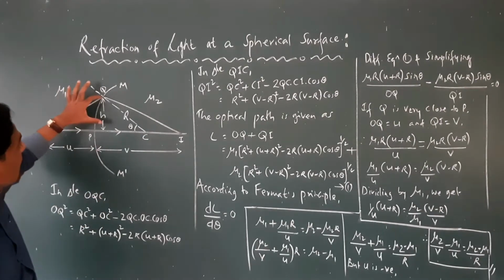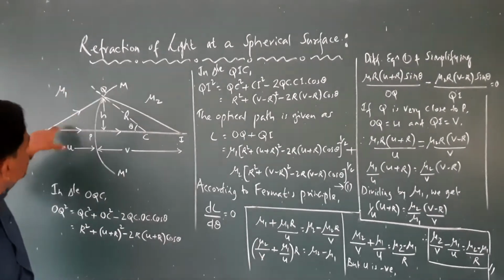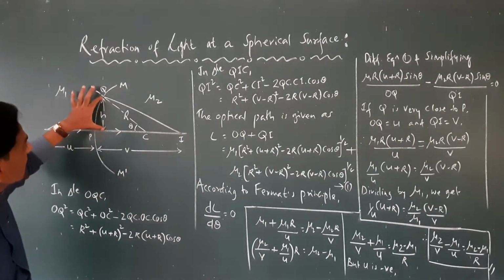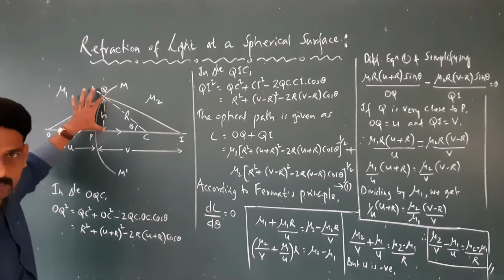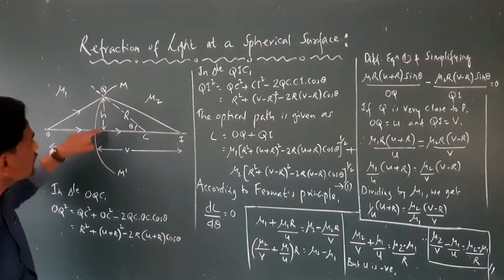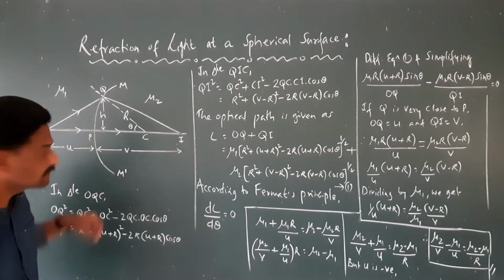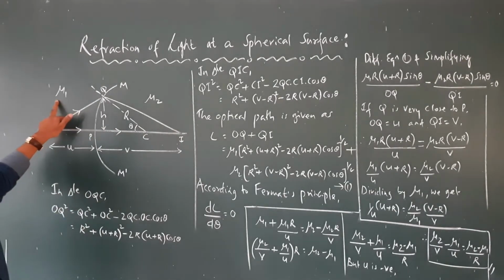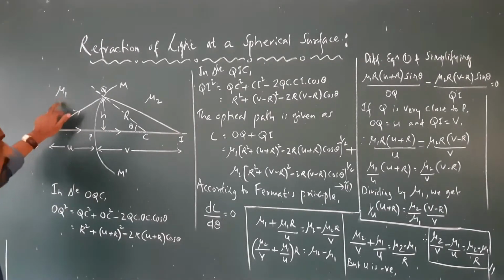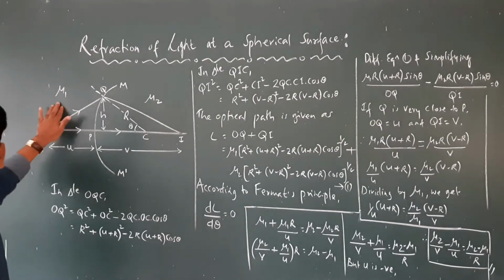And the height of Q from the principal axis is taken as h. The height from here to here is h, right? And what is mu1? Mu1 is the refractive index of this medium, which is the air medium.